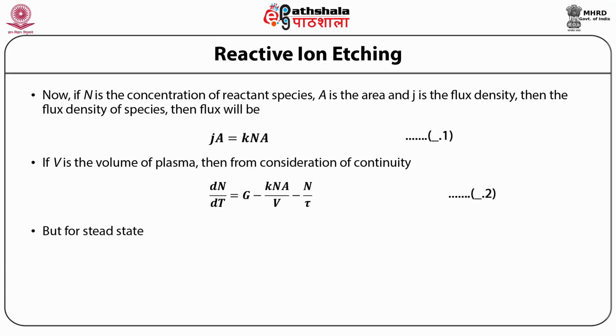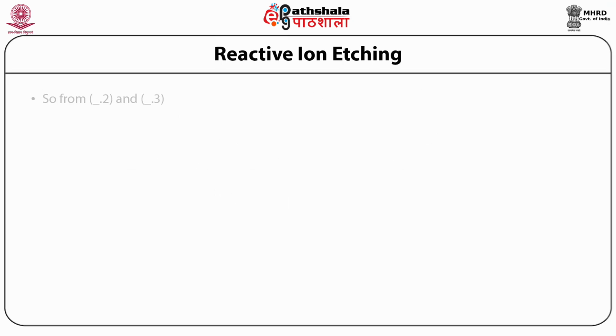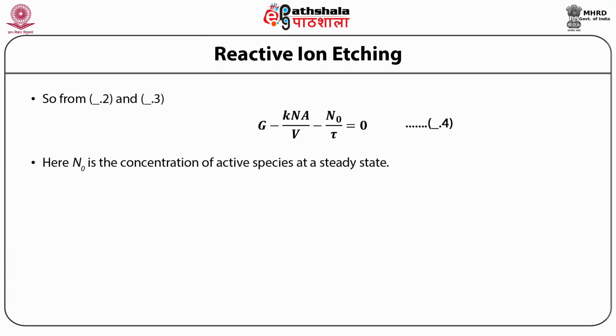But for steady state, dN by dt equals 0. So, G minus KN0A by V minus N0 by tau equals 0, and here N0 is the concentration of active species at a steady state.